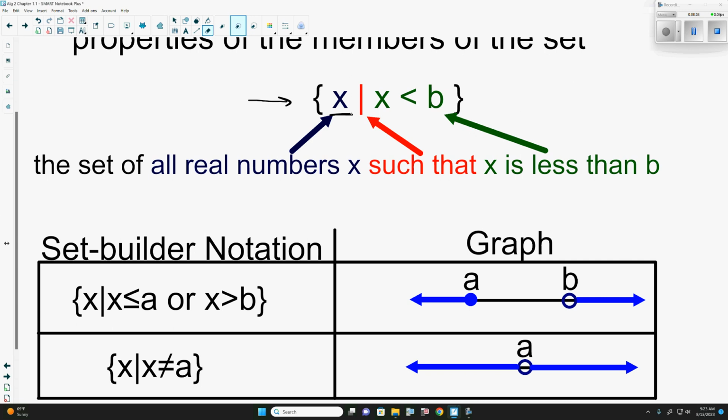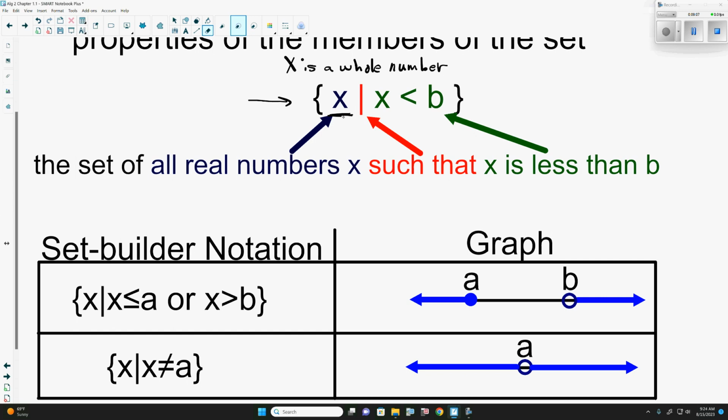Or we could say x is a whole number if we wanted to. This first part is describing what kind of numbers we are talking about. Are we talking about whole numbers, natural numbers, integers, rational numbers, irrational numbers, real numbers?